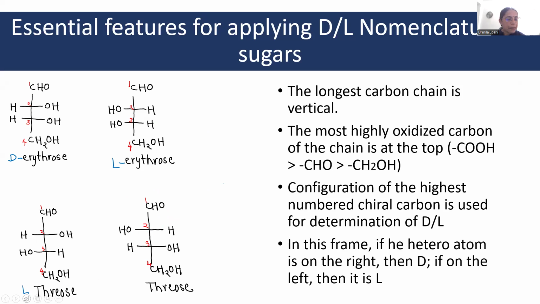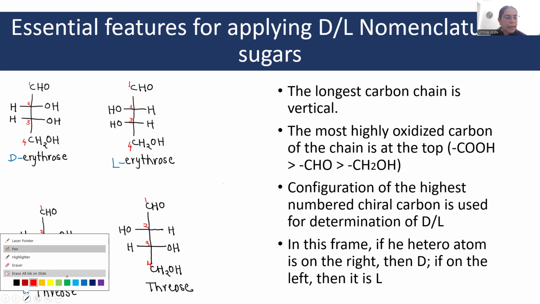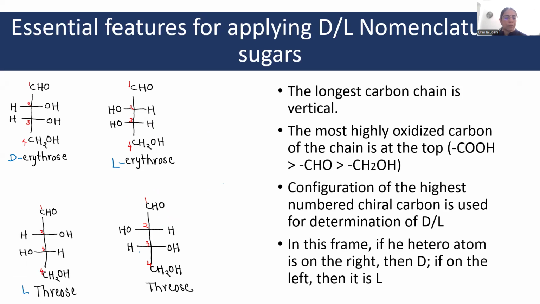Now carbon number 3 is the highest numbered chiral carbon. And there at carbon number 3, the OH group is on the right. And so this is D-triose. Everybody is getting this? I hope everybody is getting this.